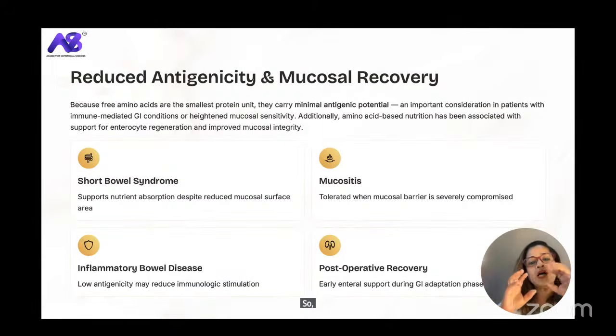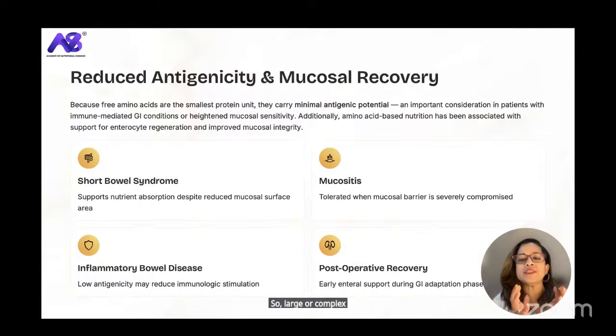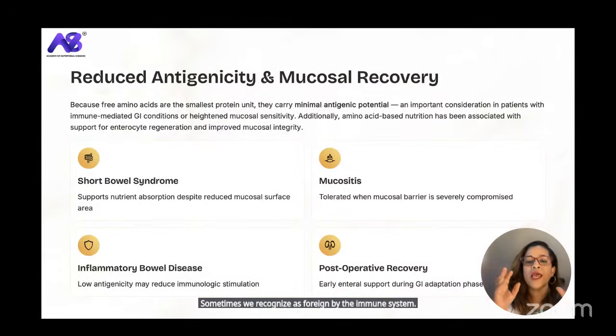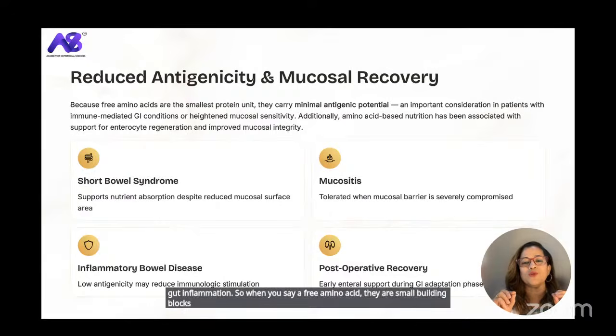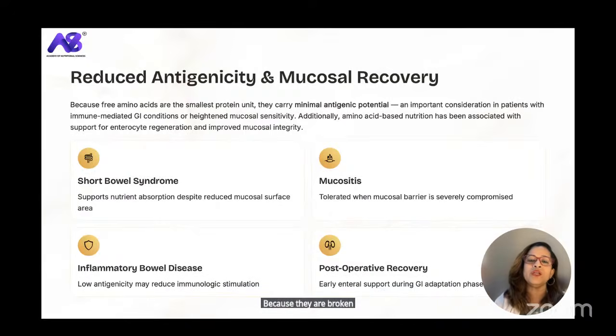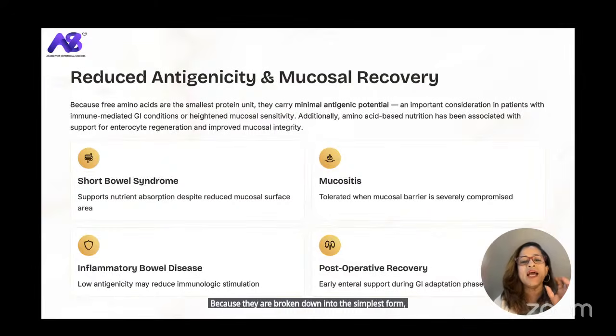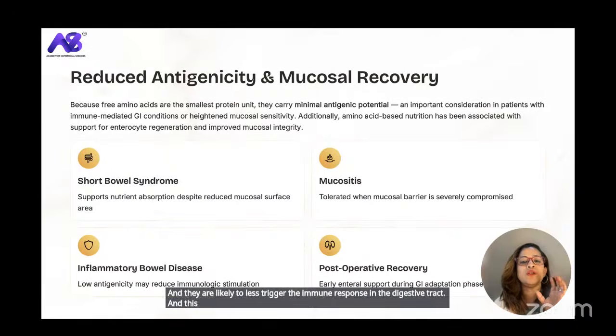Large or complex proteins can sometimes be recognized as foreign by the immune system, and they may aggravate gut inflammation. Free amino acids are small building blocks of proteins, broken down into the simplest form, and are less likely to trigger an immune response in the digestive tract. This is what we call low antigenicity.